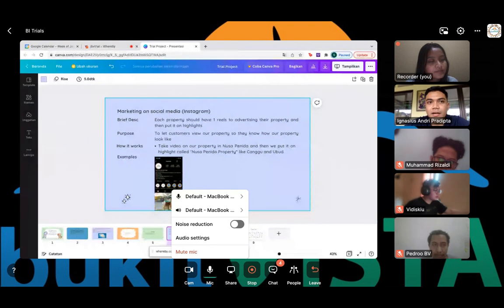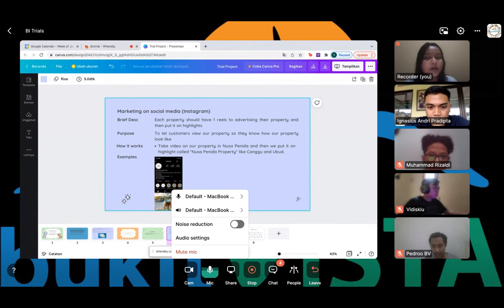I think we don't have a lot of reels to let the customer see our property. Okay. Instead of the count itself, we already have a plan and a schedule to make reels, right? What things can we improve aside of the count itself?